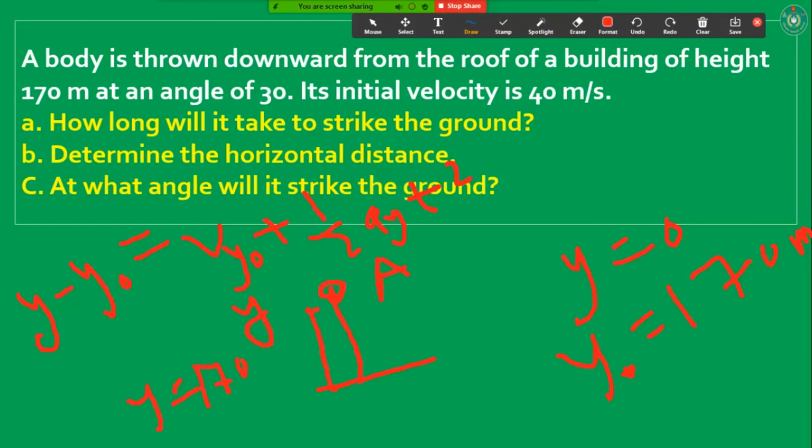But the ground position y0 was 0. Boys, for the ground position y0 was 0, but the case shown here is the reciprocal of that case. Okay, let's see.